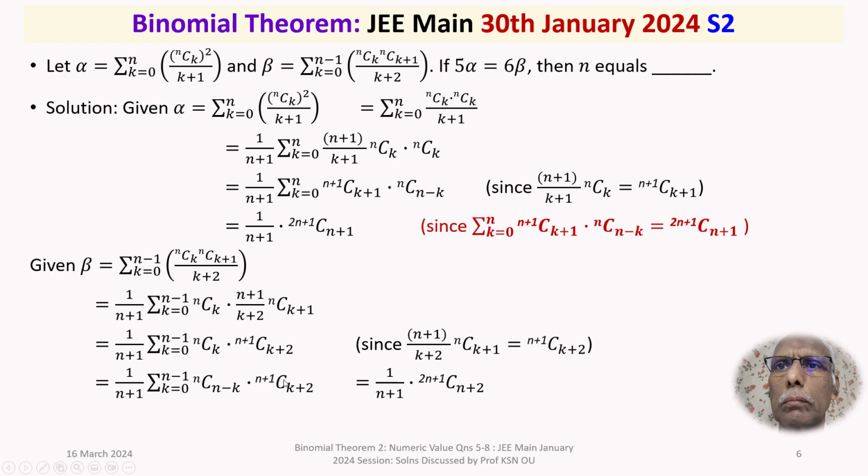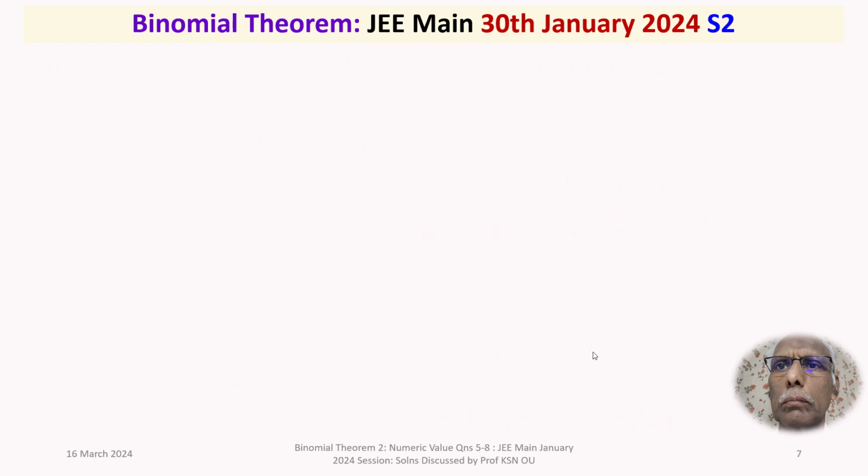Then it will be n plus 1 Ck plus 2 multiplied by nCn minus k. Sigma k is equal to 0 to n minus 1 is 2n plus 1 Cn plus 2. 1 by n plus 1 will remain as it is. So we have used that sigma k is equal to 0 to n minus 1 of n plus 1 Ck plus 2 multiplied by nCn minus k is equal to 2n plus 1 Cn plus 2. These are the two results I will prove after the discussion of this question. Now we continue in the next slide.